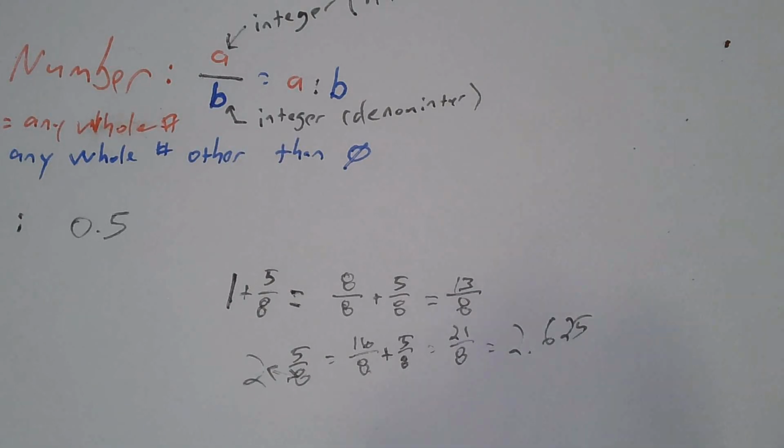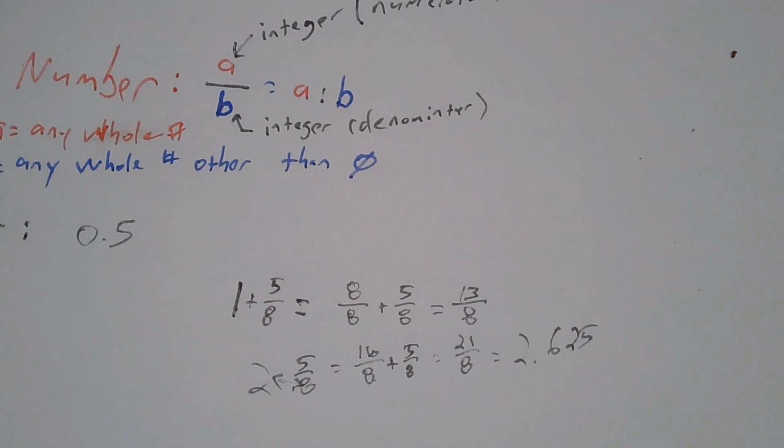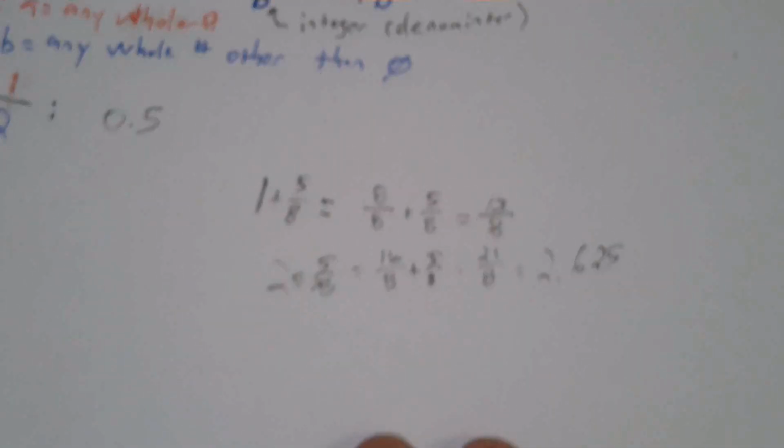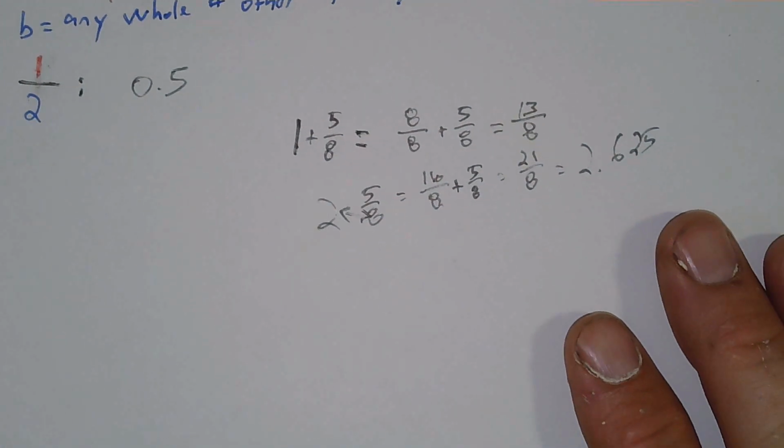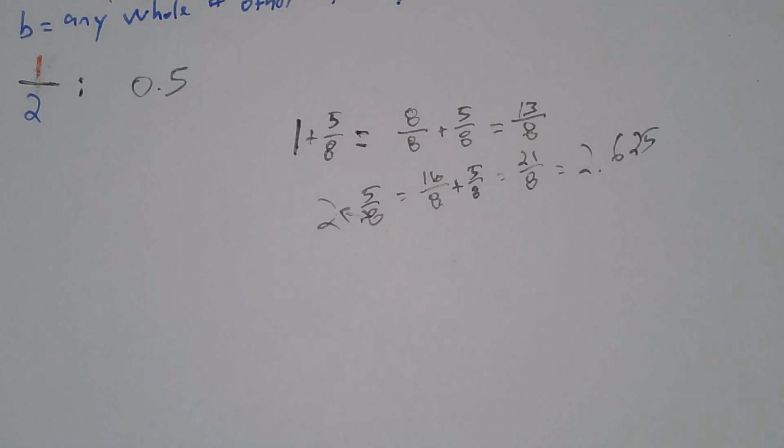Alright, so you might ask yourself, man, when am I ever going to use this in real life? Alright, so say for instance, you are helping to build, I don't know, a playhouse or a tree house. Okay? For your daughter or for yourself or for whatever. And you measure distance.